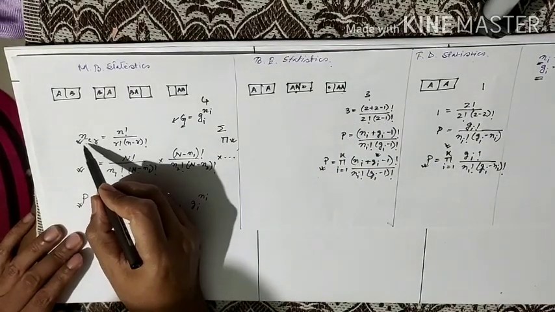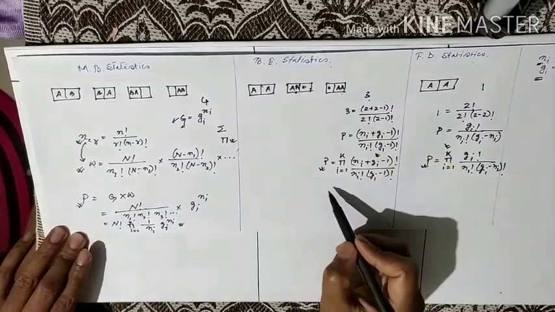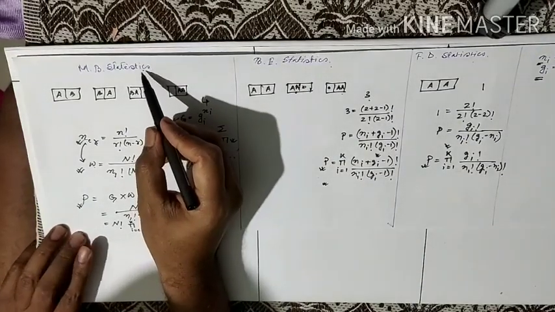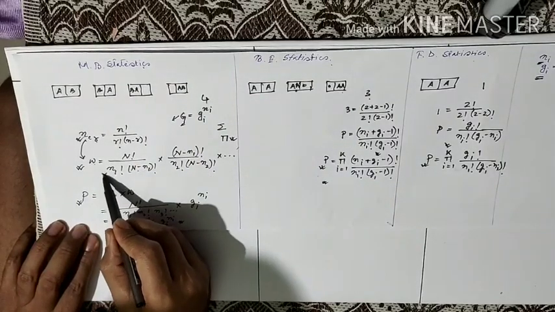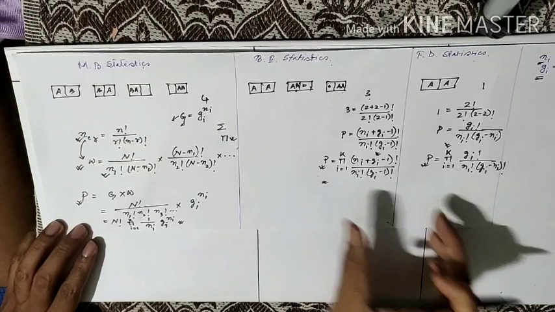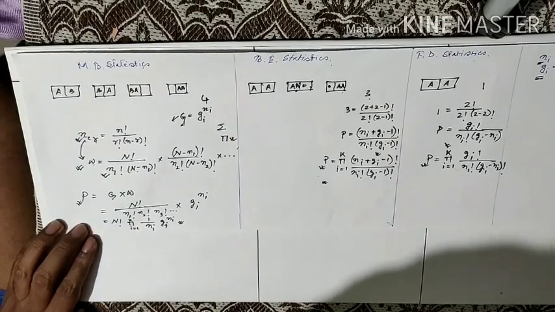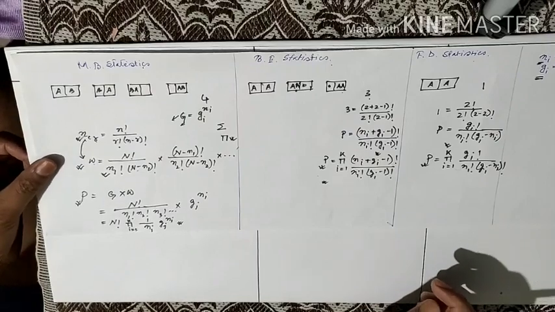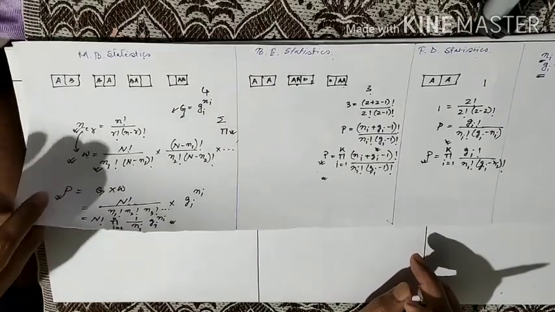So this combination part will not come here because they are indistinguishable. These are distinguishable, that's why this part is coming. Clear? So we are getting these three probabilities.